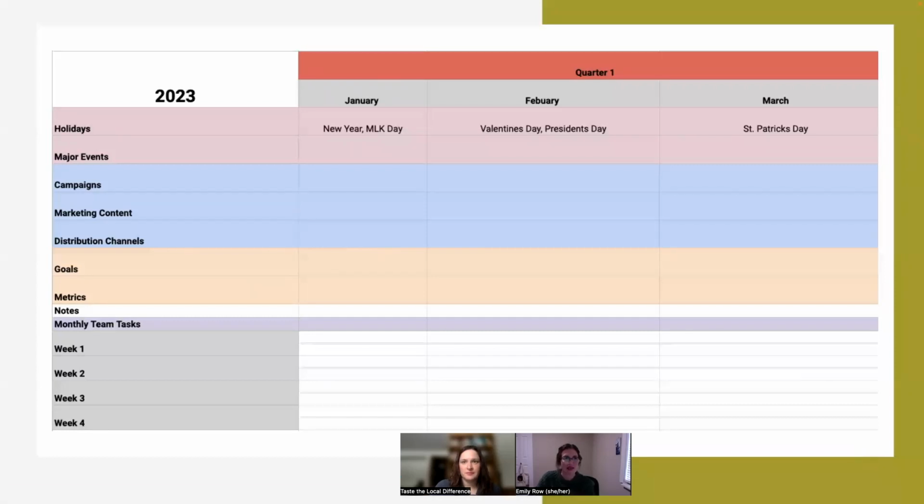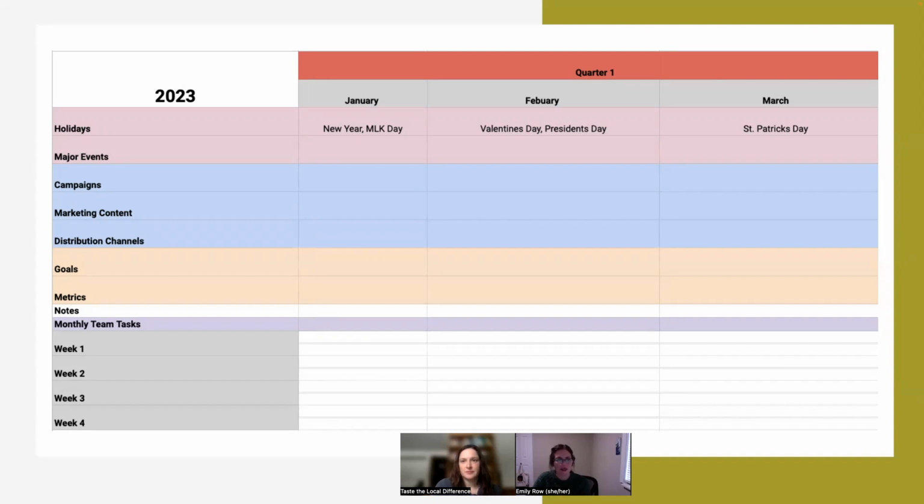This is just an example of what that big picture monthly planning is going to look like. Obviously, do whatever works best for you, but outline this is your year, these are the months, and organize your content into different buckets or goals for marketing, the campaigns you're looking to do.